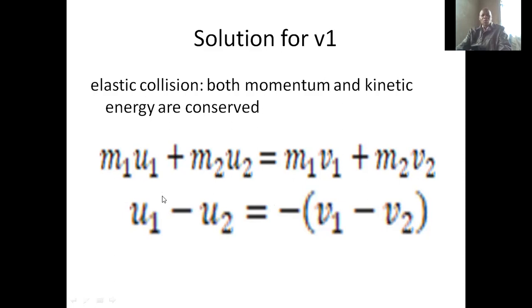What we solved the other time is that making the kinetic energy into a linear equation gives us the following: u1 minus u2 is equal to minus, in brackets, v1 minus v2. This is the equation for kinetic energy, which we simplified so that it also becomes linear, like the first equation here.